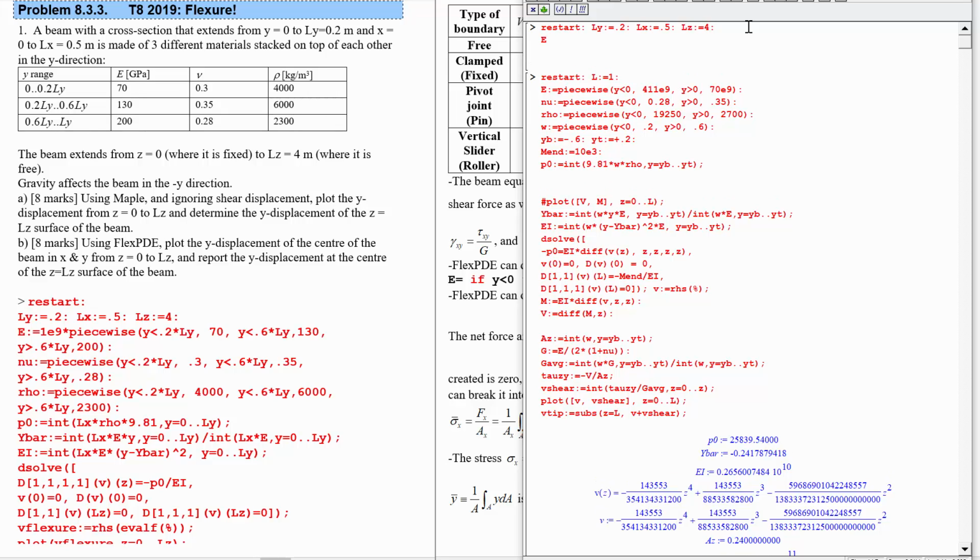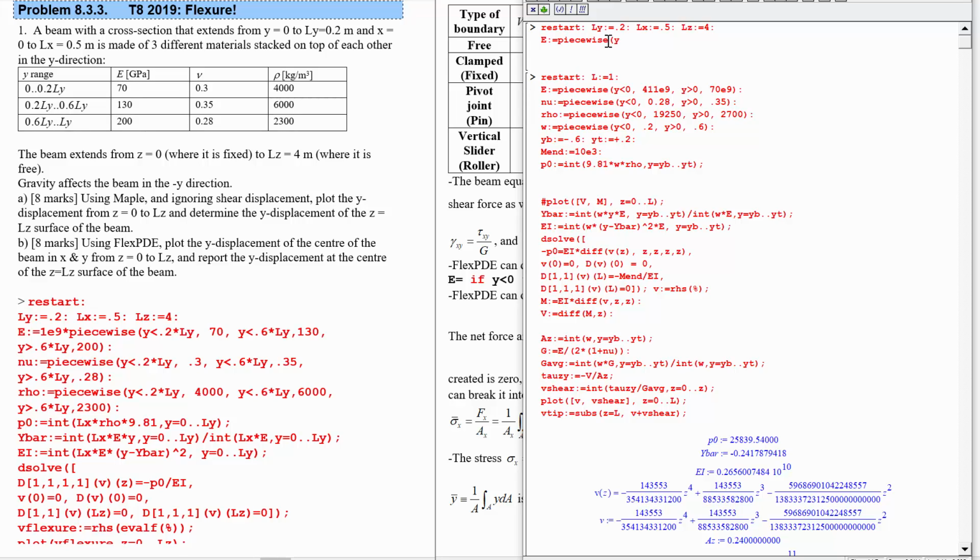Then we have a piecewise function for a number of different things: the Young's modulus, the shear modulus, and the density. And we have gravity affecting it from this density, but if we're not going to be calculating the shear displacement, we won't actually have Poisson's ratio mattering in the Maple program. So let's put in E is equal to piecewise.